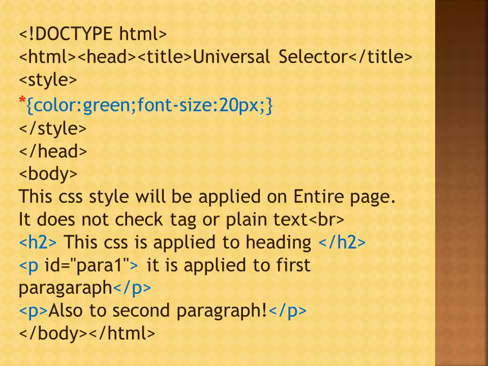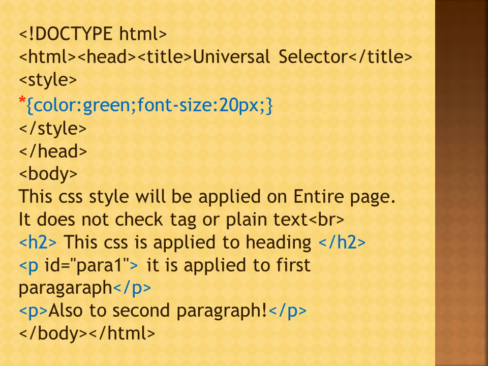Next is the h2 element, and this CSS is applied to the heading. This text is enclosed in the h2 tag. Then next is the p, and this p is assigned one ID, that is para1.